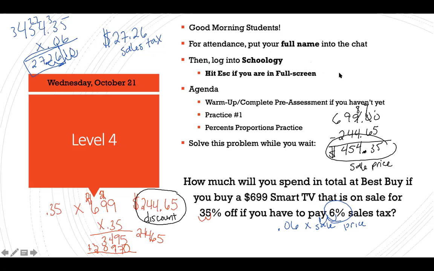Very good. I got to add it to the sale price. I saw that Ebony said that. Delonte said that. Very good. So I need to add it to my sale price. So I take the $454.35 and I add to it $27.26.